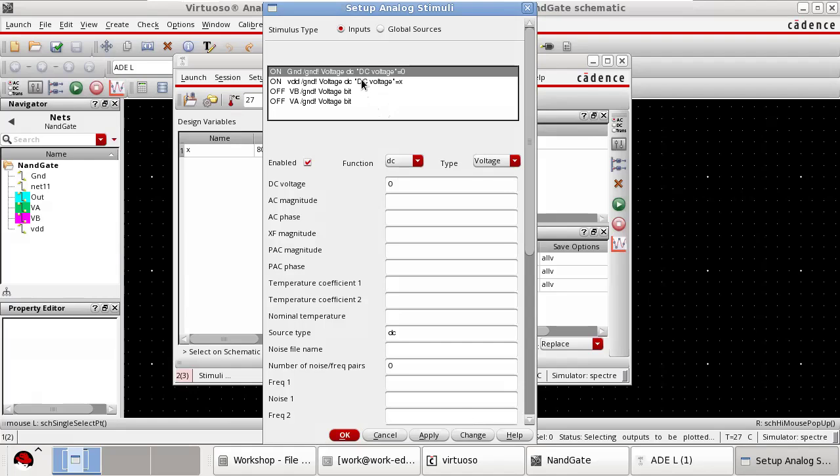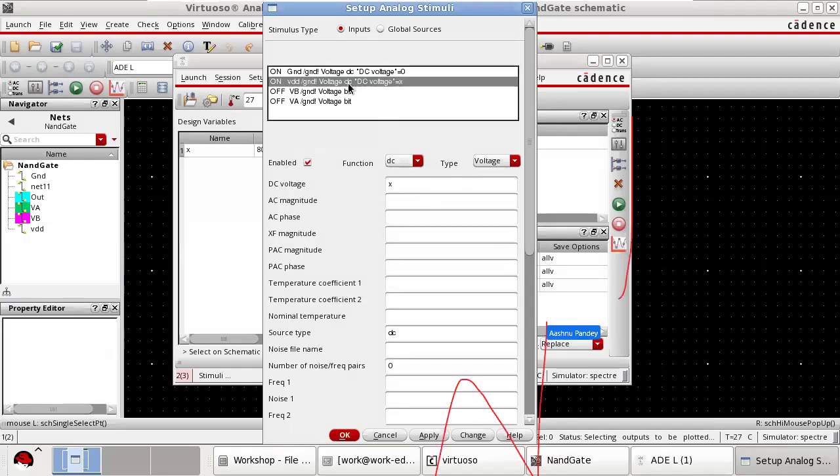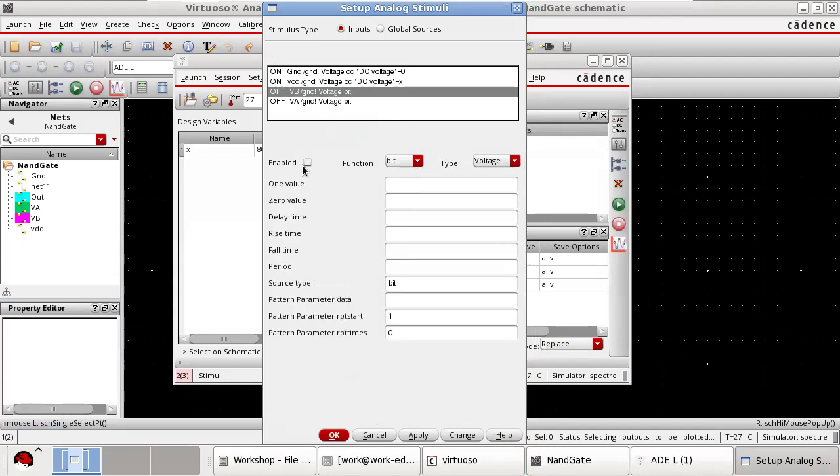We have taken this as a function DC and given the value of DC voltage, 0 in case of ground and X in case of VDD. But in case of VB and VA, which are changeable inputs, we will take it as a type bit.